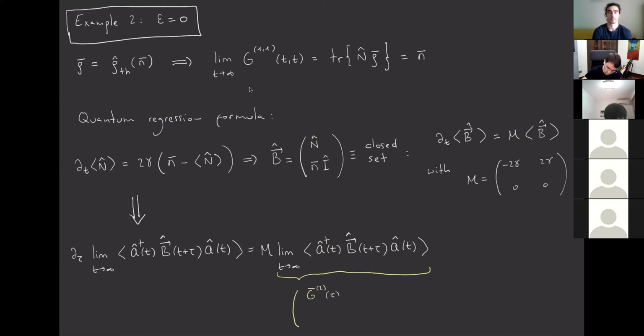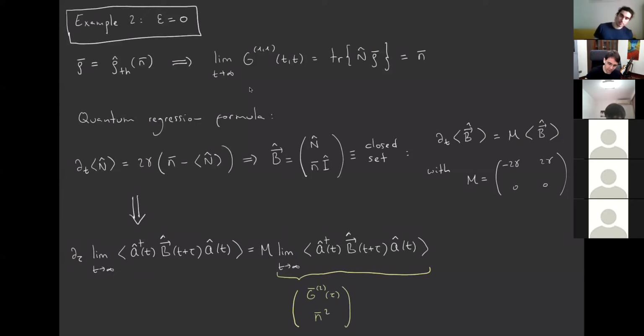So G2 of tau. And the second one is even easier because this is identity. So this means that B is the identity multiplied by N. And then you are left only with the limit when t goes to infinity of A dagger A. And that's N again, that's G11. So this is just N squared.